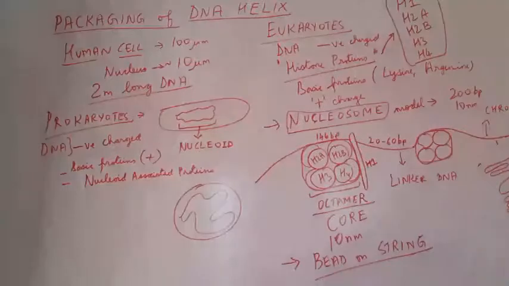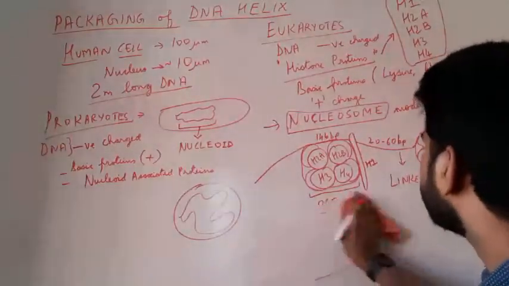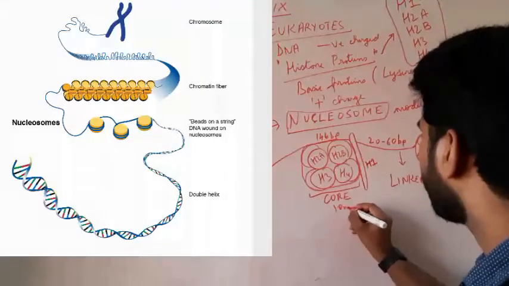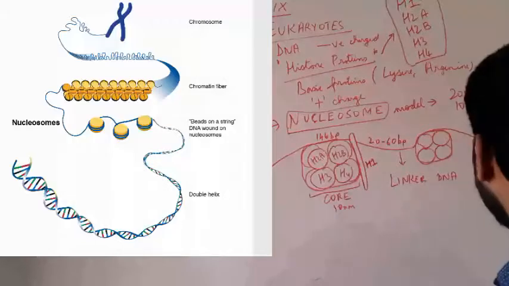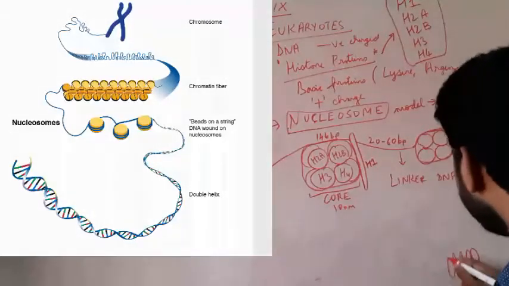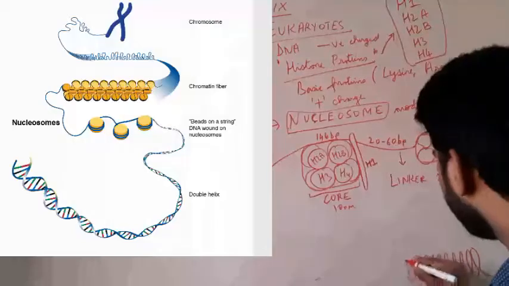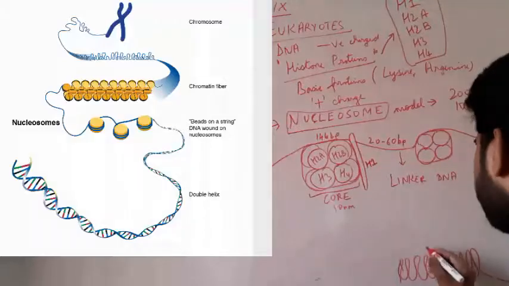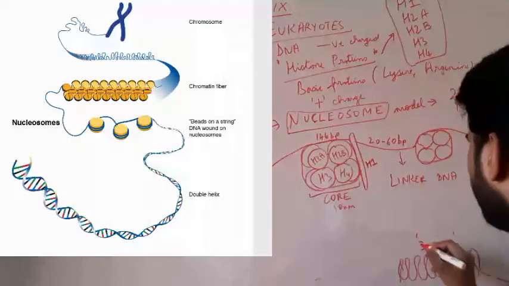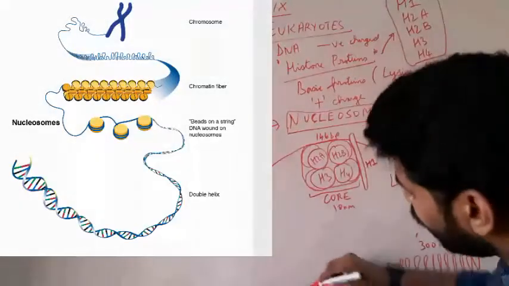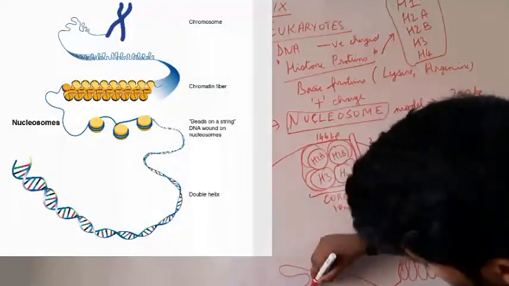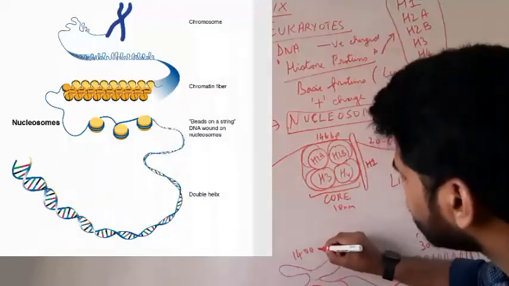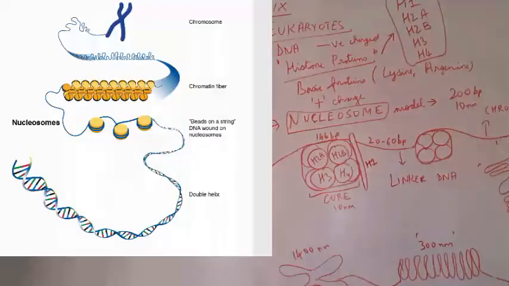This would further cause more coiling to give you a more compact size of 300 nanometer, which ultimately coils and produces a chromosome whose size is roughly 1400 nanometer.